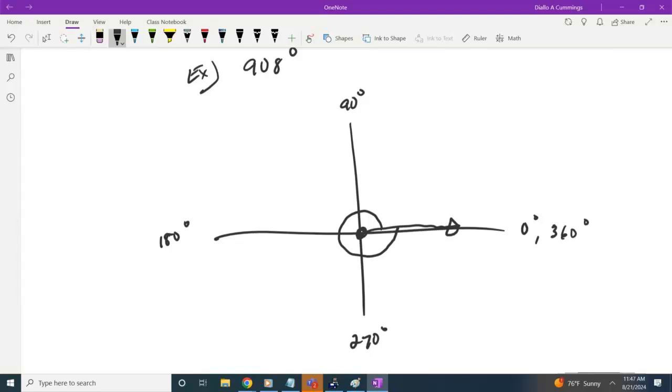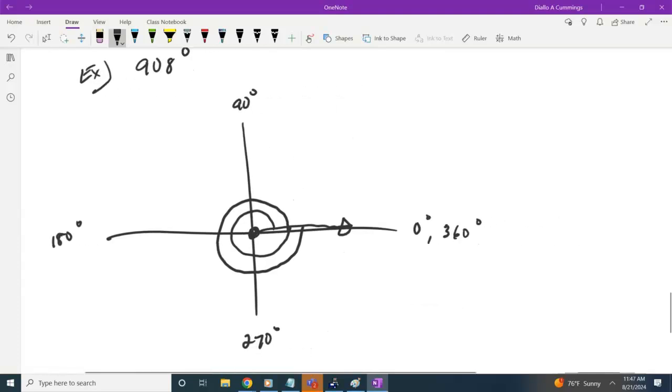If I rotate the terminal side another full rotation, that's how many degrees? Should be 720, right? Just imagine it's like a terminal side here.